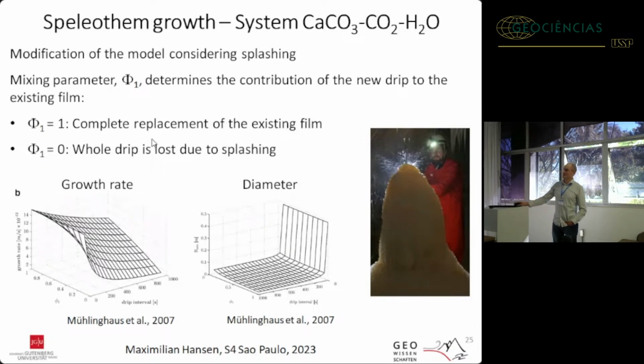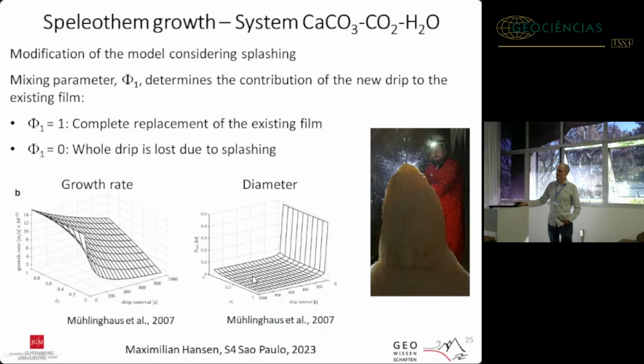So they introduced a factor for the degree to which the solution film is completely replaced or completely lost due to splashing. So the p value here of 0 would be the complete replacement of the existing film, and the value of 0 would be the loss of the whole water just by splashing, for example.